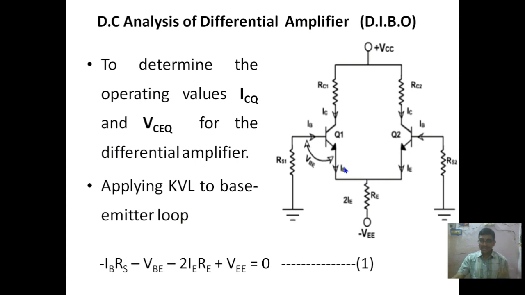We can also say IE1 from Q1 and IE2 from Q2 both join at this node, and the current appearing here is 2IE, because these two IE currents are in the same direction, as we can observe. So IE plus IE is 2IE. Like that we have written the KVL equation.